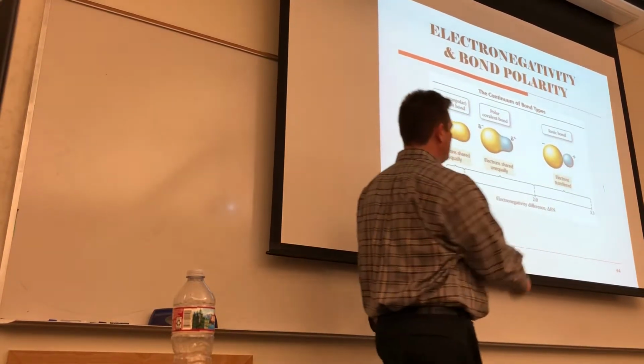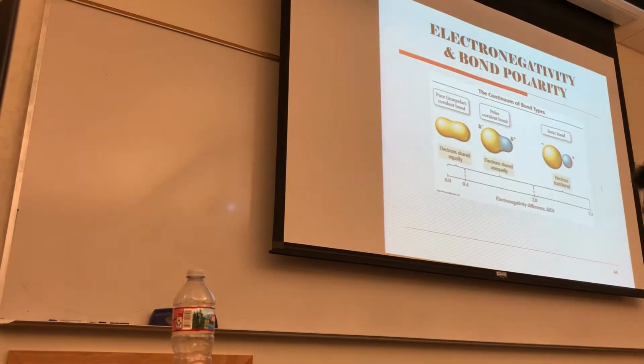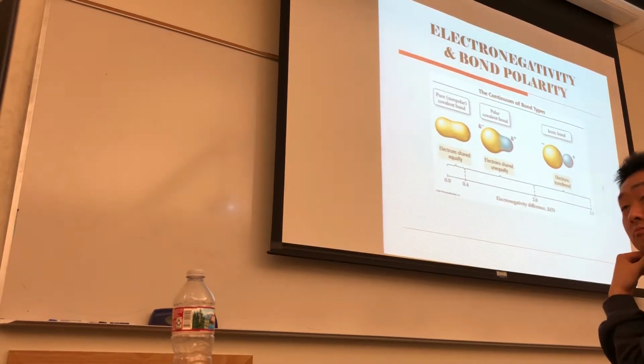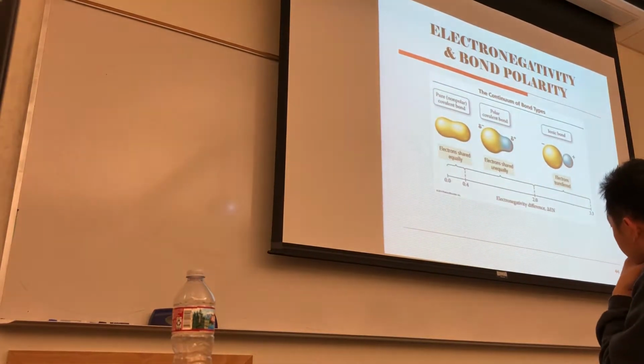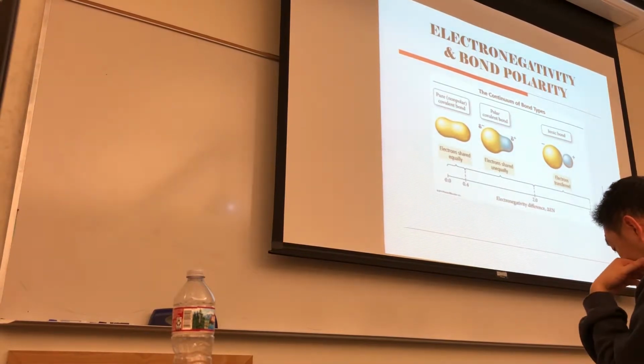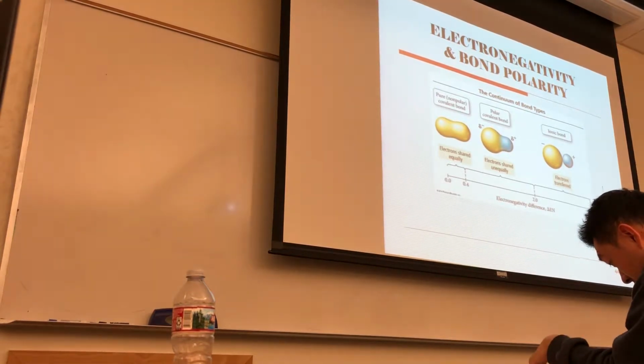We stopped at 1.7 in the past because 1.7 was an indicator that the percent ionic character, another term that I'll bring up later in this chapter, was over 50%. Sometimes they say over 50% ionic character is an ionic bond. That usually occurs at about 1.6 to 1.7 in terms of the change in electronegativity.